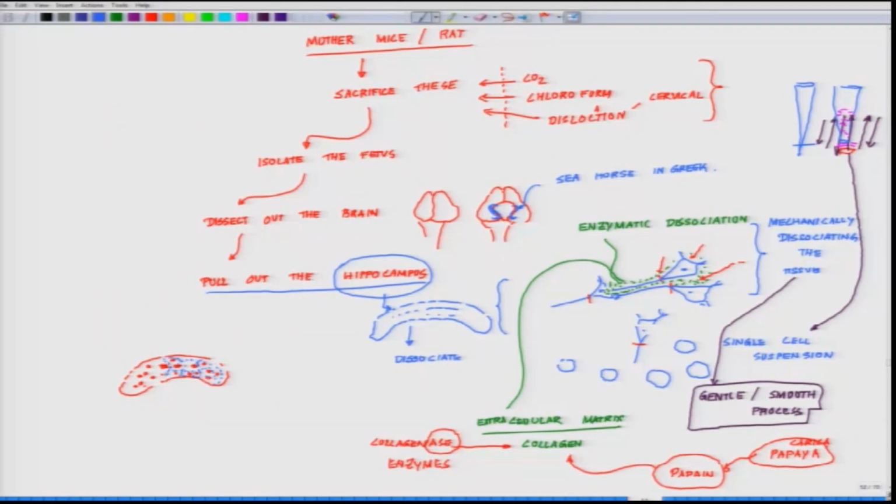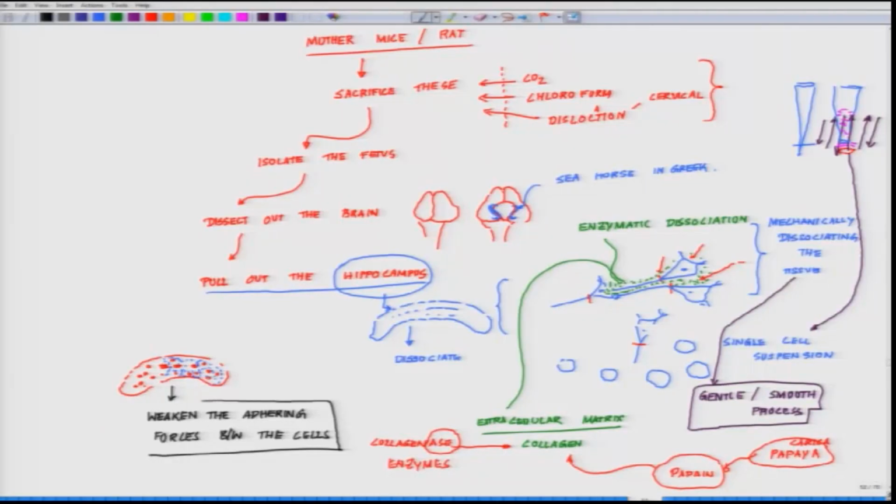And the job it does is to weaken the adhering forces between the cells.